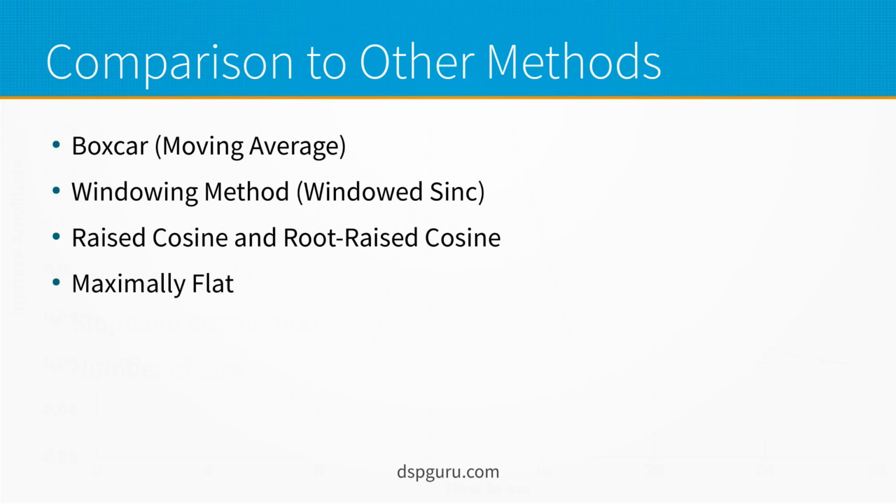The maximally flat type has the advantage of flatness in the stop band over a Parks-McClellan method, but it has the disadvantage that you don't get to specify what goes on in the stop band independently. So the stop band is kind of tied to the other specifications that you're trying to use around the passband.